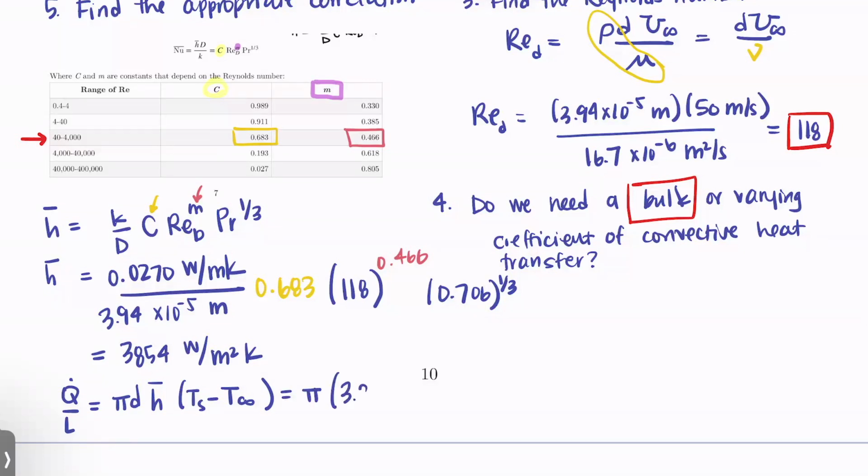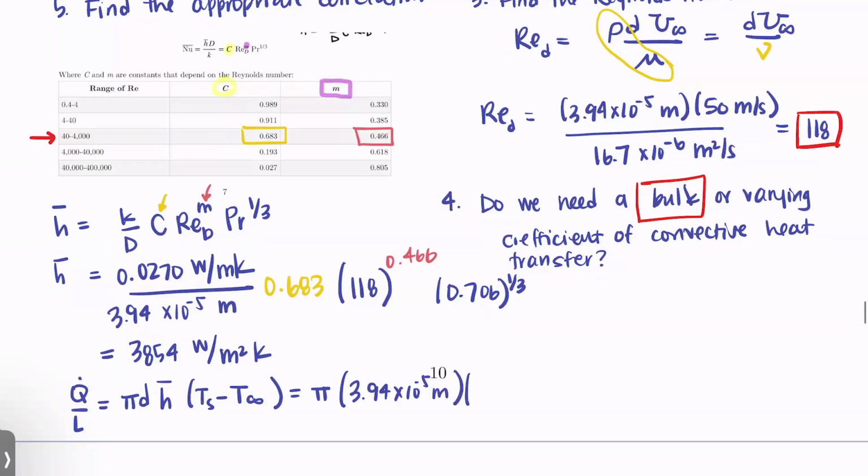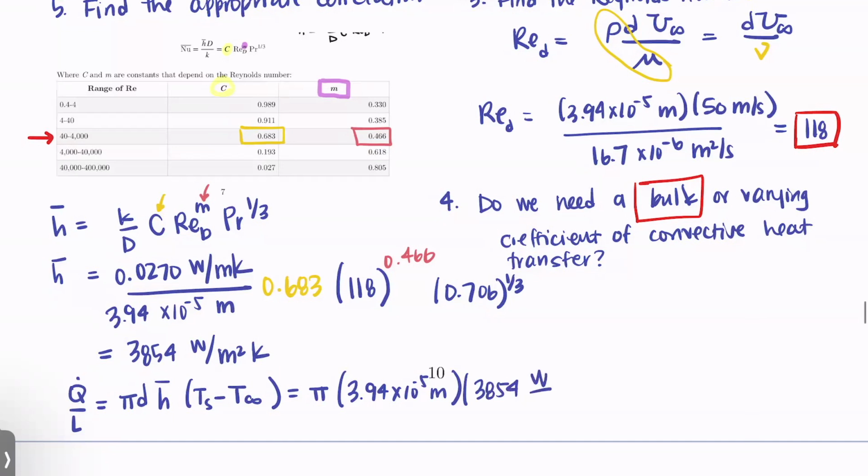So pi times 3.94 times 10 to the minus 5 meters, times 3,854 watts per meter squared Kelvin, times 50 minus 25 Kelvin, gives us 11.93 watts per meter. Pretty similar to the other one, right?